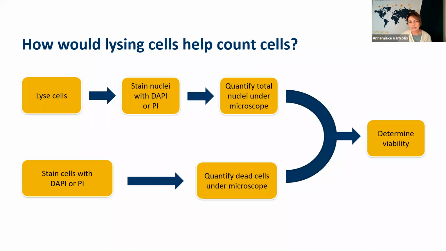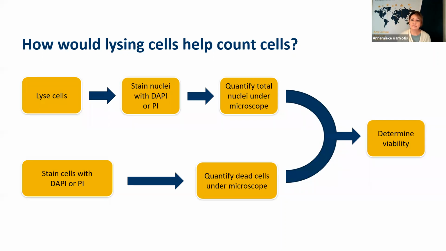So here at Chemometec, we developed a method by asking: if you could lyse your cells, would that be easier? So lyse your cells, then stain the nuclei with DAPI, and quantify total nuclei under a microscope. So your nuclei act as a proxy for you to quantify total cells per mL.